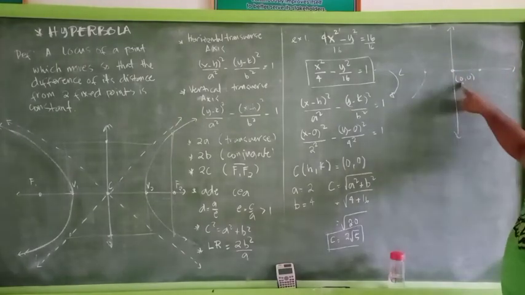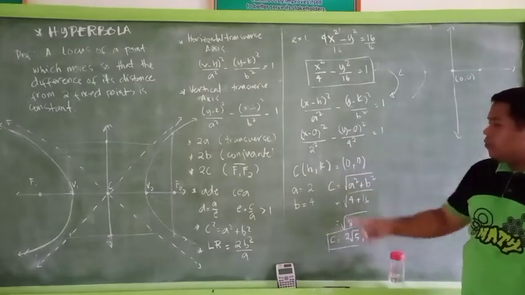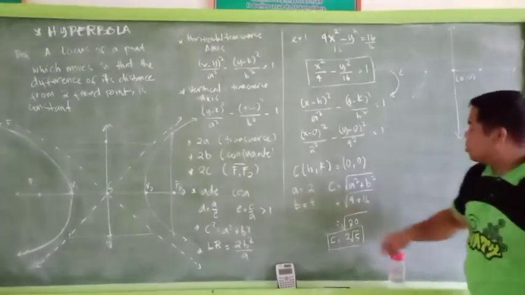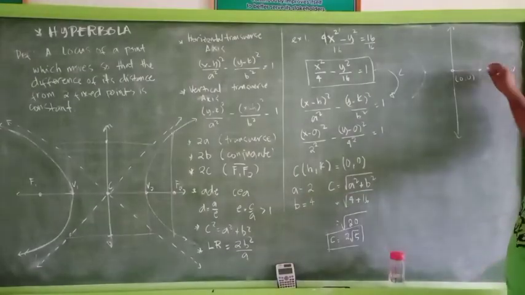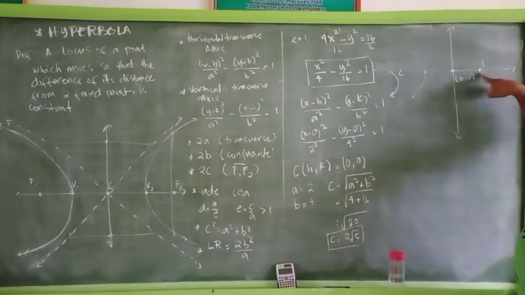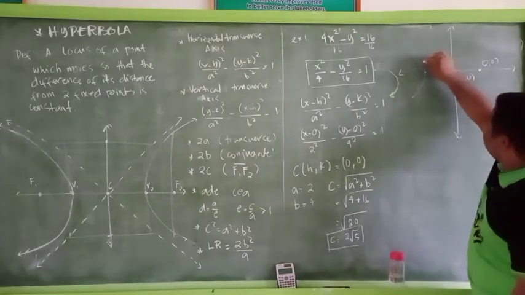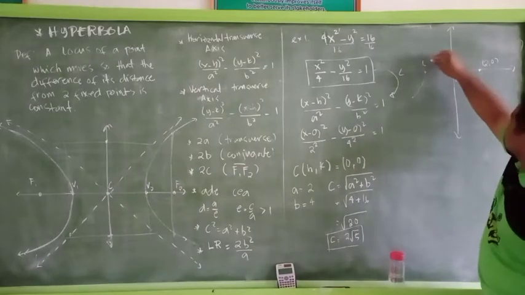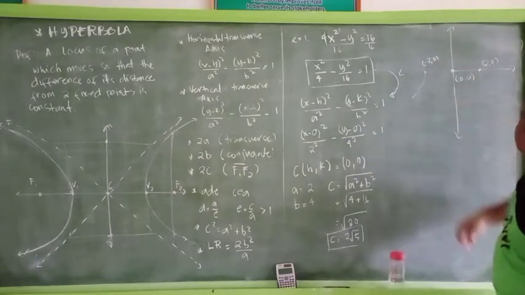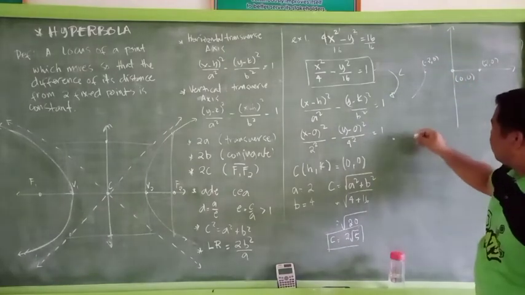Since yung center is 0, 0, tapos distance from center to either one of your vertices is 2, which is equal to a, therefore the x natin dito would be plus 2. So 0 plus 2, that is 2, yung y natin 0. So 2, 0. The other vertex here is negative 2, 0. So V1 tapos V2.